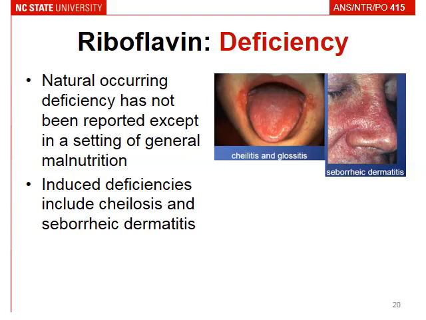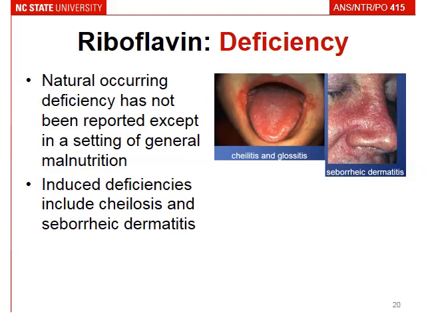Now, deficiencies in riboflavin are relatively common. However, as I mentioned earlier when we started talking about vitamins and minerals in Unit 6, the majority of these deficiencies occur in an overall malnutrition.